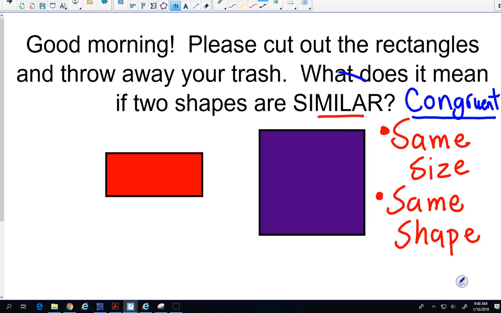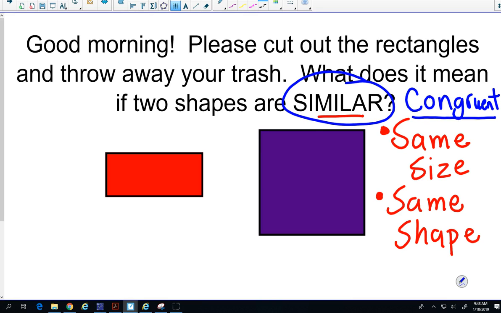So what if they're similar? What must they have? Kirshen? The same what? So the shape has to be the same measurements with the height and the length, or the length and the width.